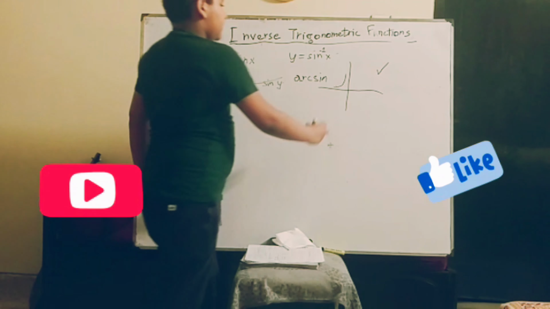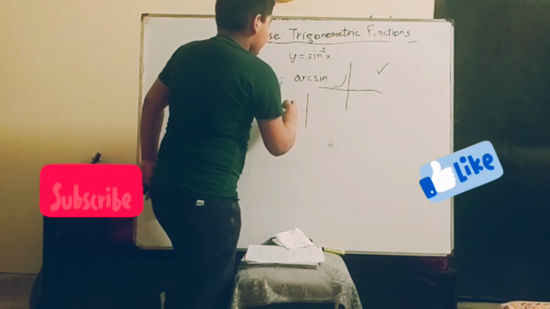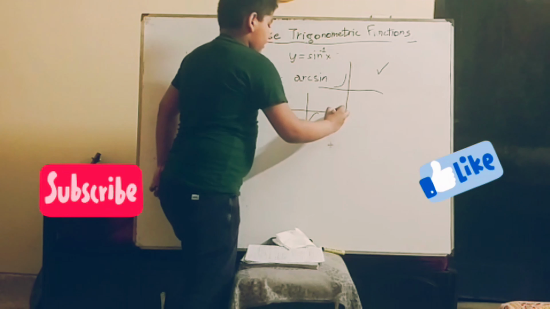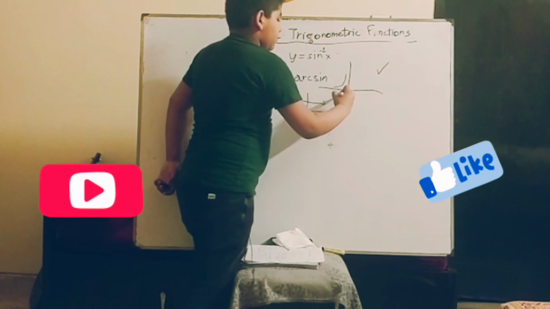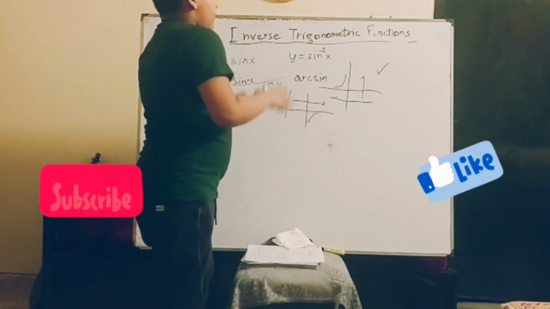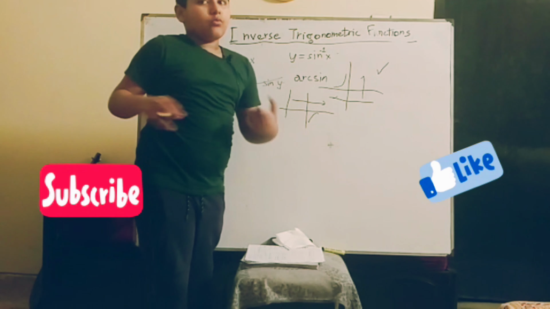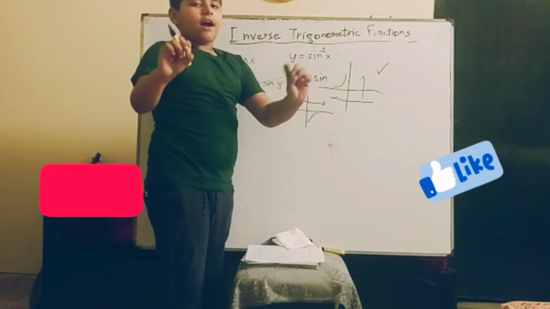Now, it reflects. So, a total reflection here, and it has to pass the vertical line test to see if the graph we found is a real function.